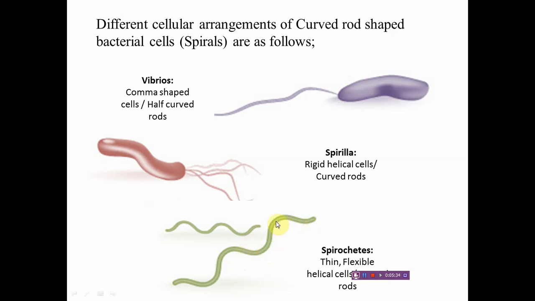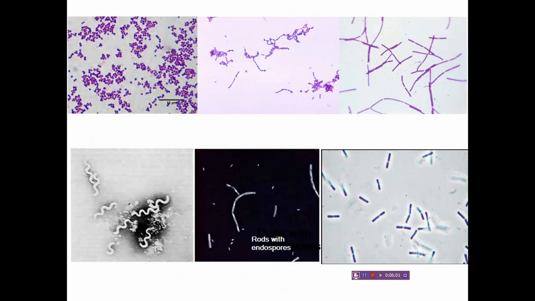And if the cells have the periplasmic flagella, then they are called as spirochetes. Okay, spirochetes and spirilla. The difference is that spirochetes are flexible. They have the endoflagella. But spirilla, the structure is rigid and they have external flagella. Otherwise, both the structures, they are relatively same.